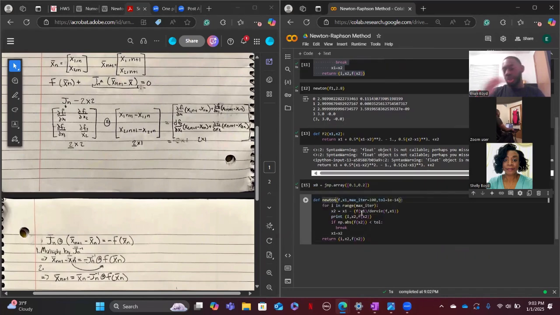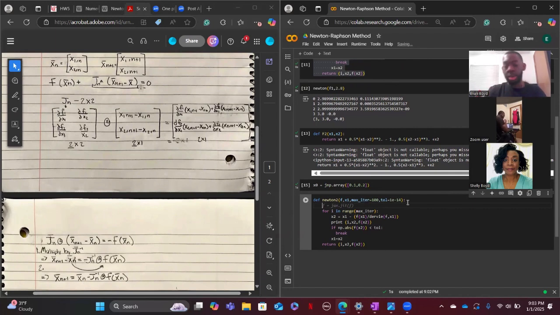So we would call our new function new in two. That's our second new function. We still have an i range, but we do want to have our definition. So we want to have our function that we have listed here in the Jacobian domain.